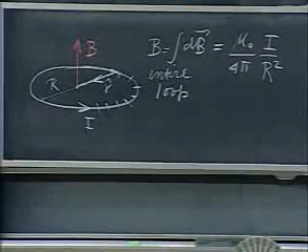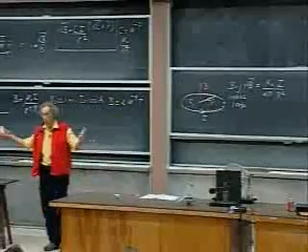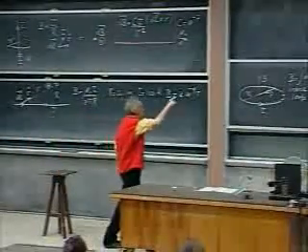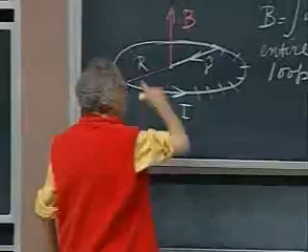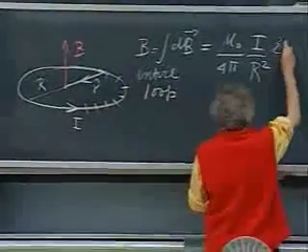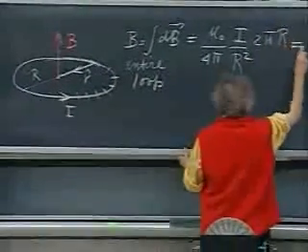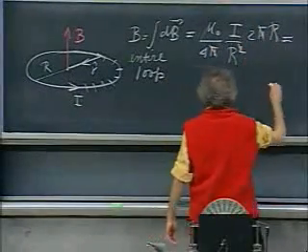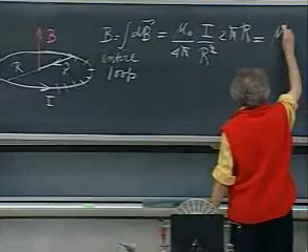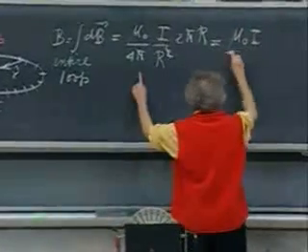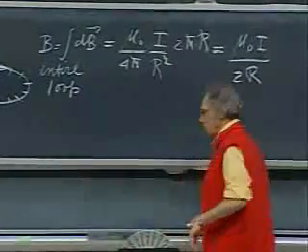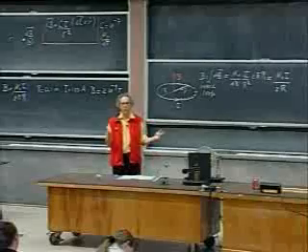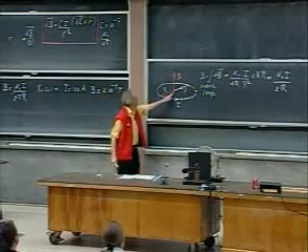And so the sine of the angle between dl and r is 1. And so all we have to do is an integral over dl, which is the integral around this circle, which is the circumference of the circle, and that is 2 pi r. And so now you lose a pi, you lose an r, so you find mu 0 times I divided by 2r. Just to show you an example of how easy it is, in this case, to use Biot-Savart and calculate the magnetic field right at the center.